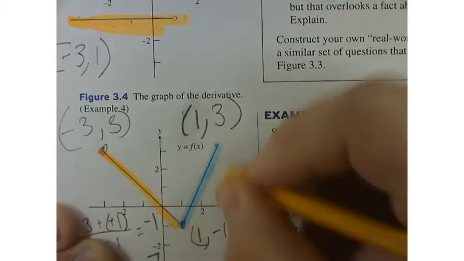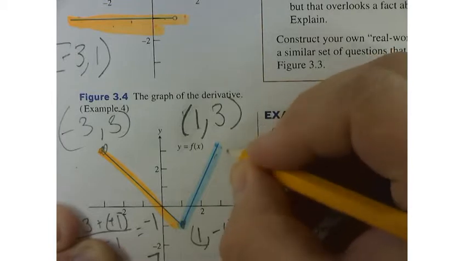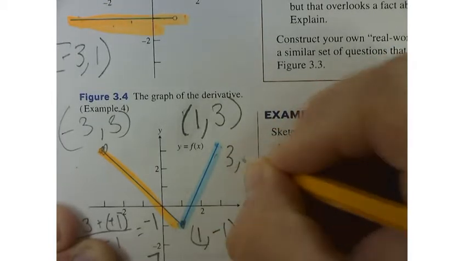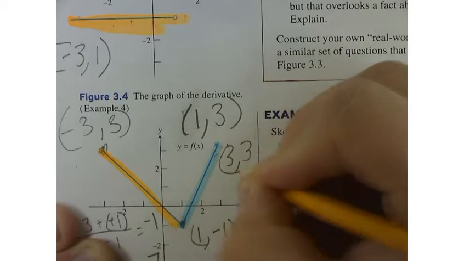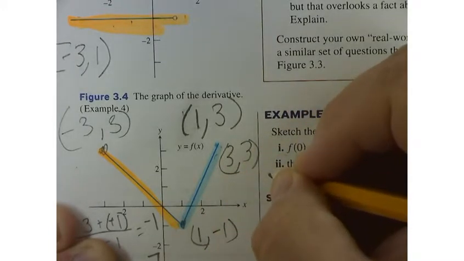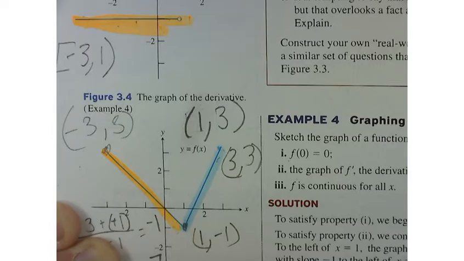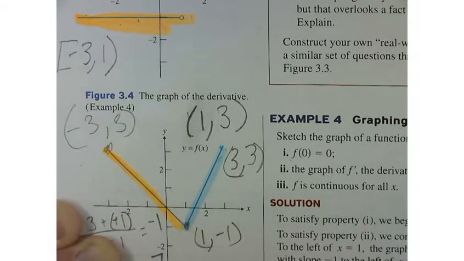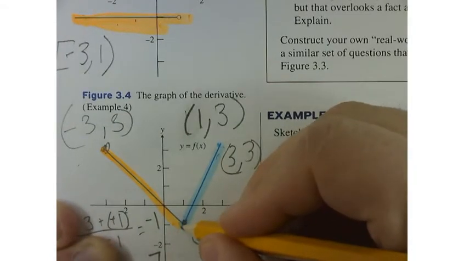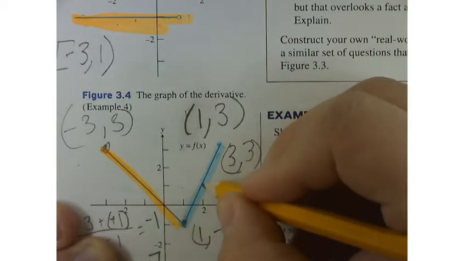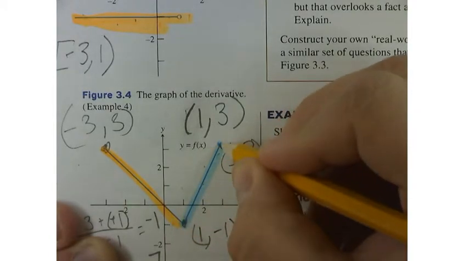Can I calculate the slope of this? Yes, I can, because this is actually 3 comma 3. And what is the slope of that? It's a positive 2, right? Well, you could just calculate it. If I go up 1, 2 over 1, up 1, 2 over 1. So the slope is positive 2.